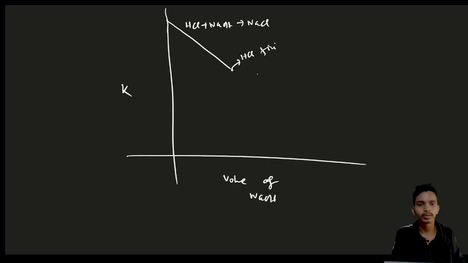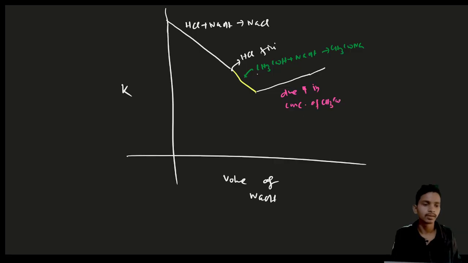Then here due to common ion, now CH3COOH plus NaOH, common ion effect, and then it will increase a little bit. This is due to increase in concentration of CH3COONa.